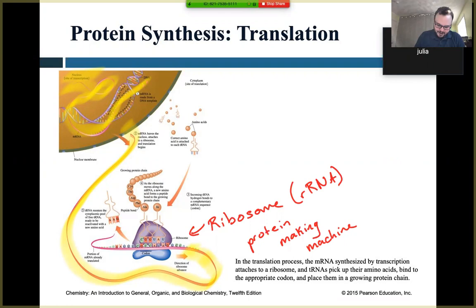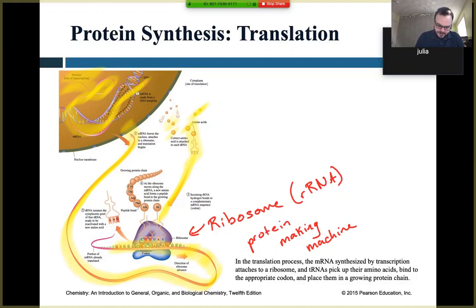So we're feeding our mRNA through the ribosome, right? We have our tRNA, so these little balls up here are amino acids. You charge your tRNA. The tRNA goes into the ribosome. Now everything's coming together at once, right? We have our mRNA, our rRNA, and our tRNA all working together.